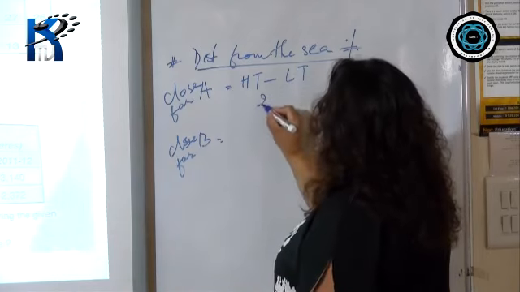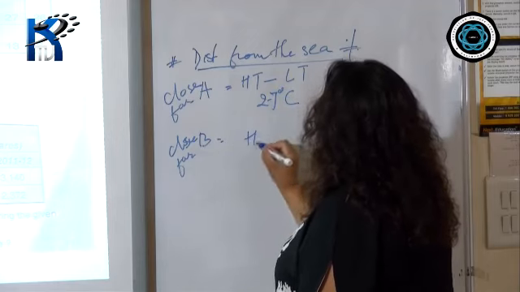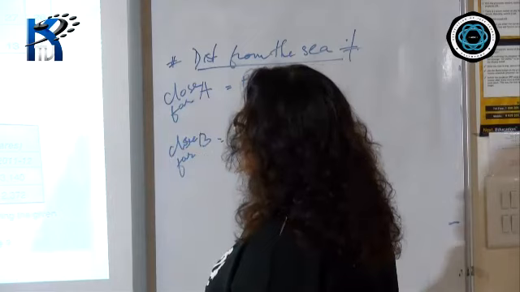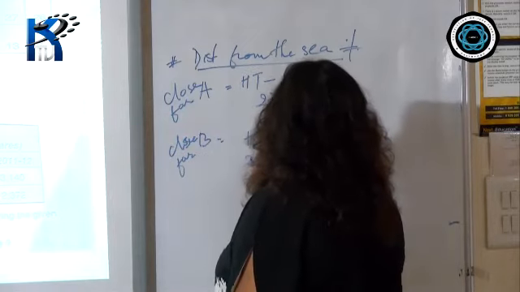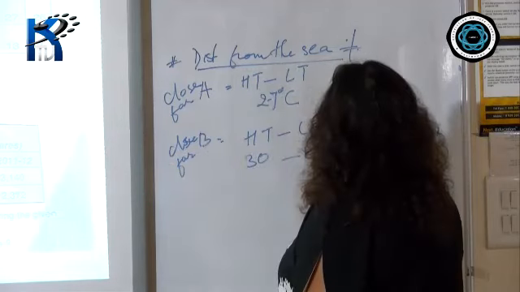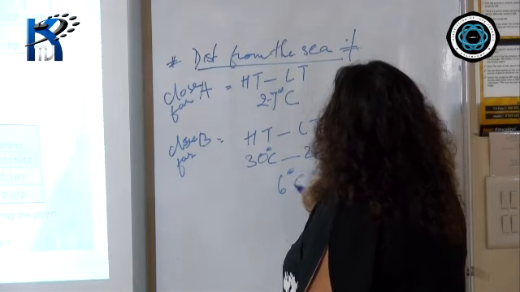In that case, you had got 27 degrees Celsius. Now for station B, you take the highest temperature minus the lowest temperature. The highest temperature in station B is 30 and the lowest temperature, I think, is 24. So, the answer is 6 degrees Celsius.